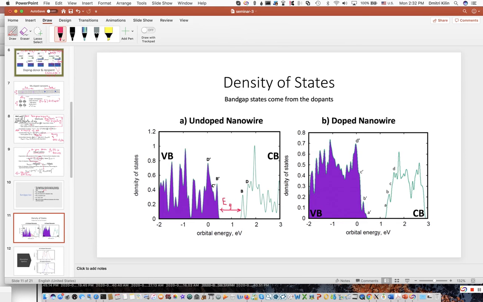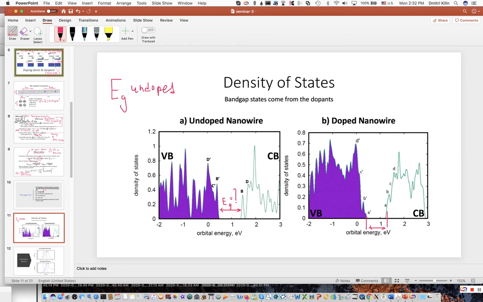One important thing to note here is that on panel B, you see two states, A prime and A, and then you see state C on the conduction band. Those three states I just mentioned were added by the doping process. So that's a very important thing to know.